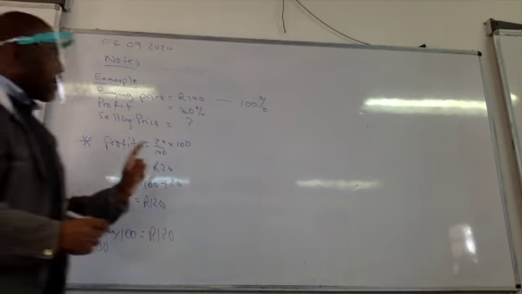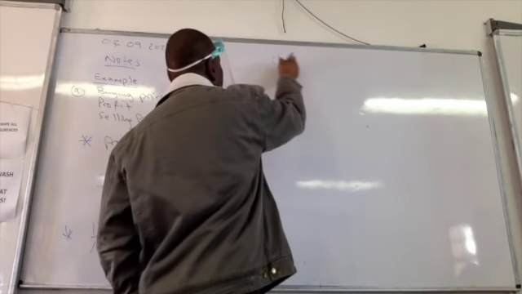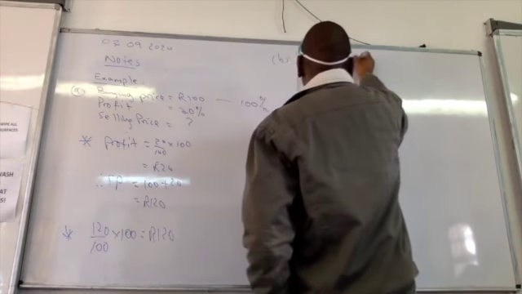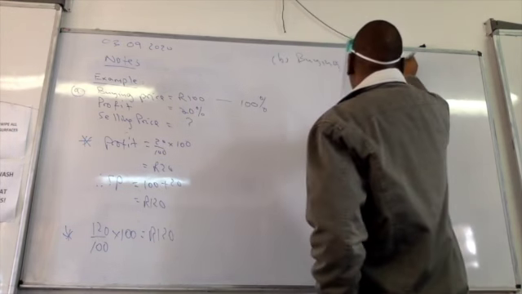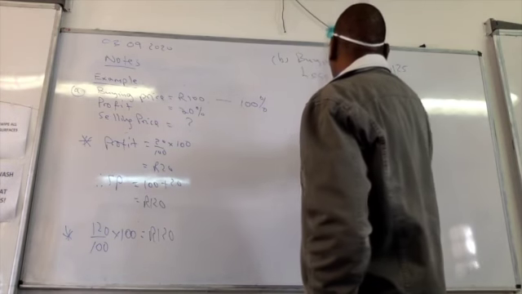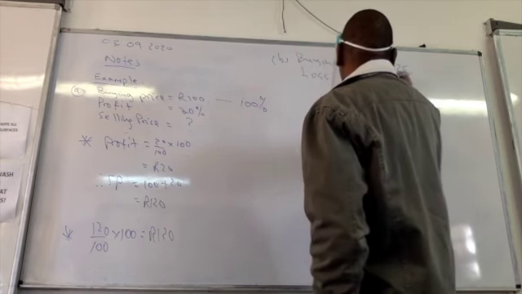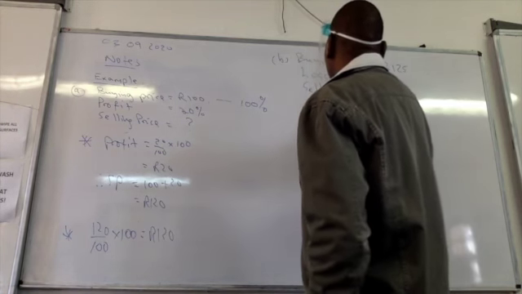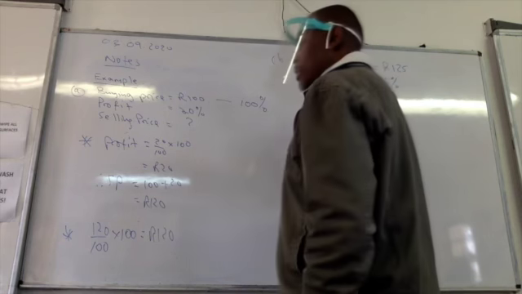Right. Let's look at another example, for a loss. Suppose you buy something, this time for 125 rand, but you make a loss, and maybe your loss is 15%. So how much did we sell this thing for?